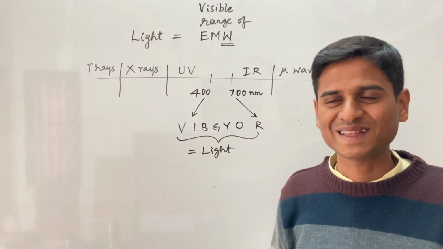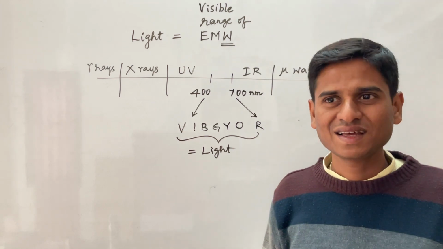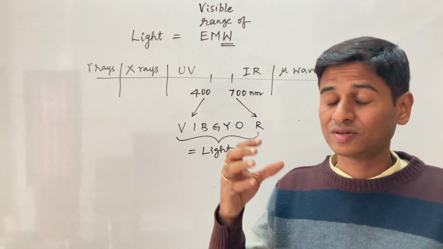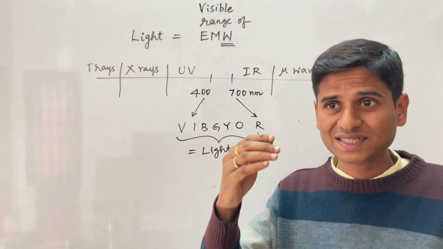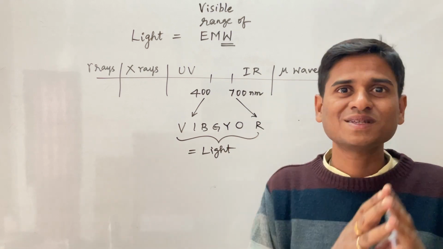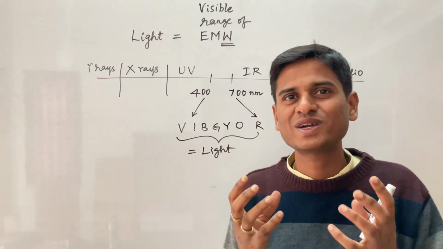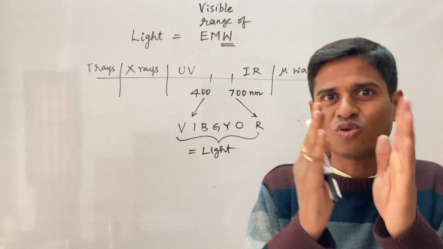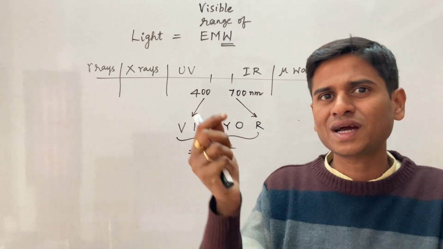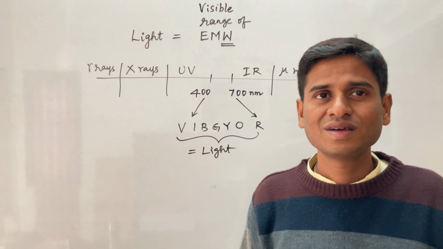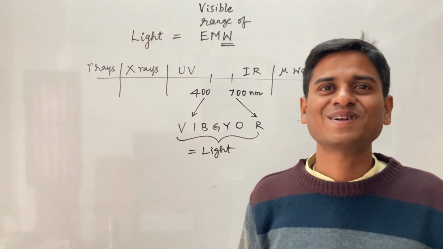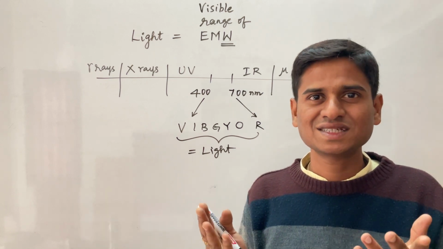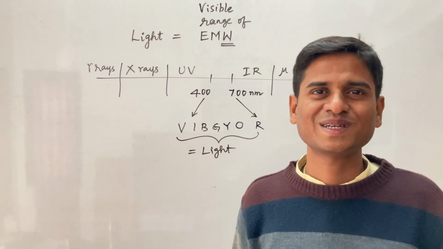Now somebody may say, maybe when this light energy is converted into electric impulses, basically voltage impulses, that is the time colors come into the picture. The answer is no for that also, because voltages and currents don't have any color associated with them.